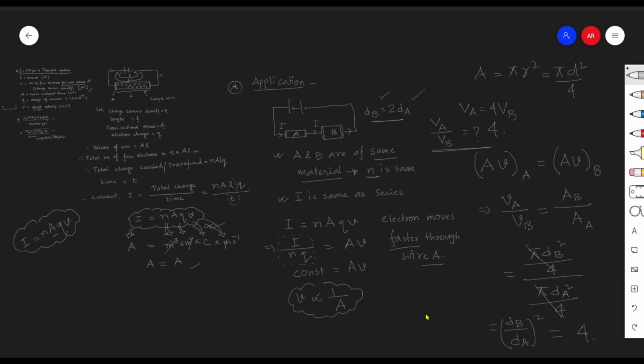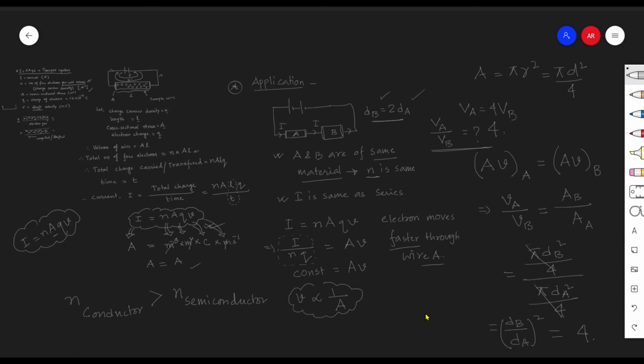But do they have the same value of n? No. n of conductor is much greater than n of semiconductor. So if the two wires are different type, one is conductor and other is semiconductor, we know the fact that conductor has greater charge carrier density compared to semiconductor.